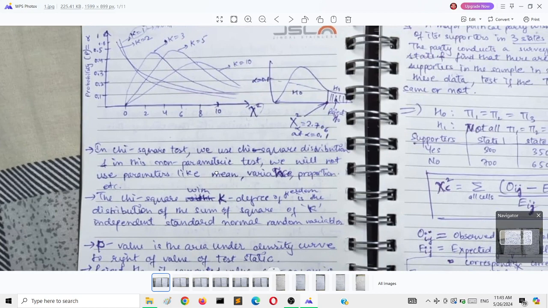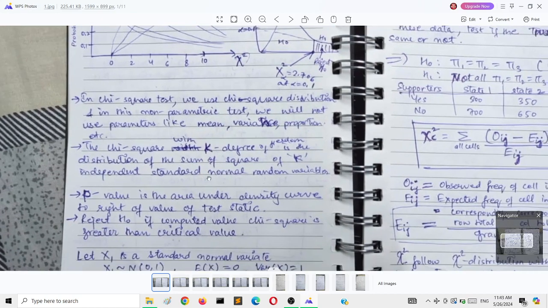Parameters are the actual values of variables of a particular population, like the mean, variance, and standard deviation, and we consider that the population follows a particular distribution with those parameters. But chi-square doesn't assume those parameters, and it calculates irrespective of the distribution of the population. So this is a non-parametric test.